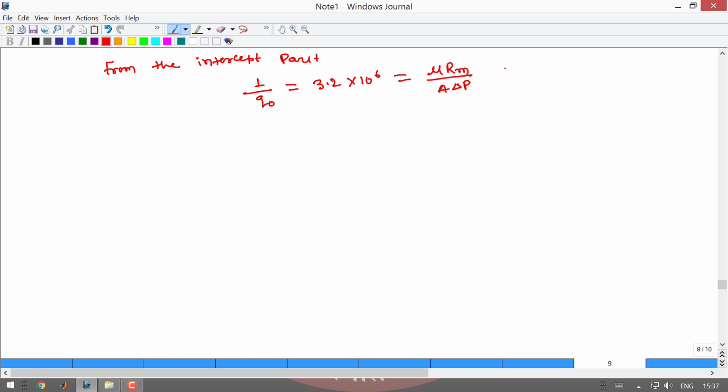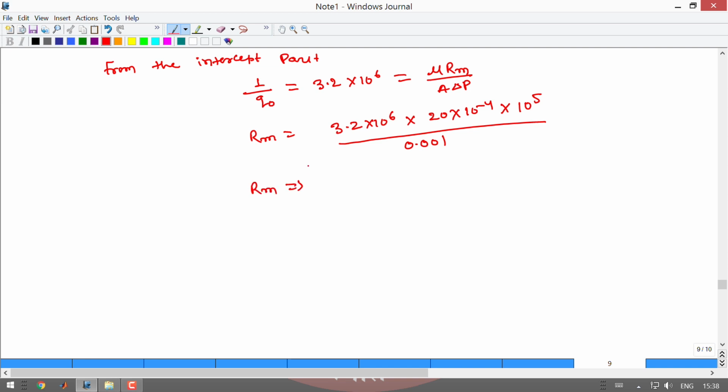Rm is equal to 3.2 into 10 power 6 into area, which is 20 into 10 power minus 4, into delta P 10 power 5, divided by mu, which is 0.001. So Rm will come 6.4 into 10 to the power 11 meter inverse. This is the filter medium resistance.